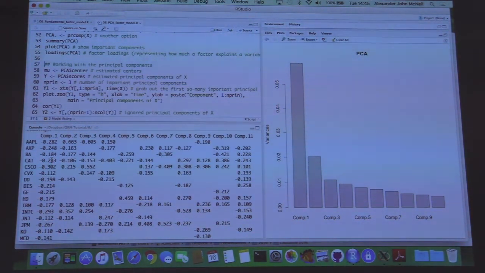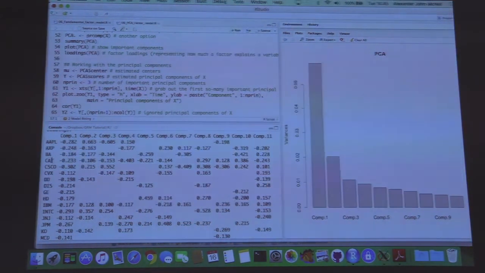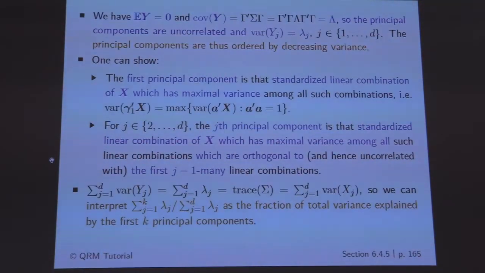So this is the linear combination that actually maximizes the variance among all possible linear combinations. I missed out the interpretations of these things. The first principal component is the standardized linear combination of X, which has maximal variance among all such combinations.